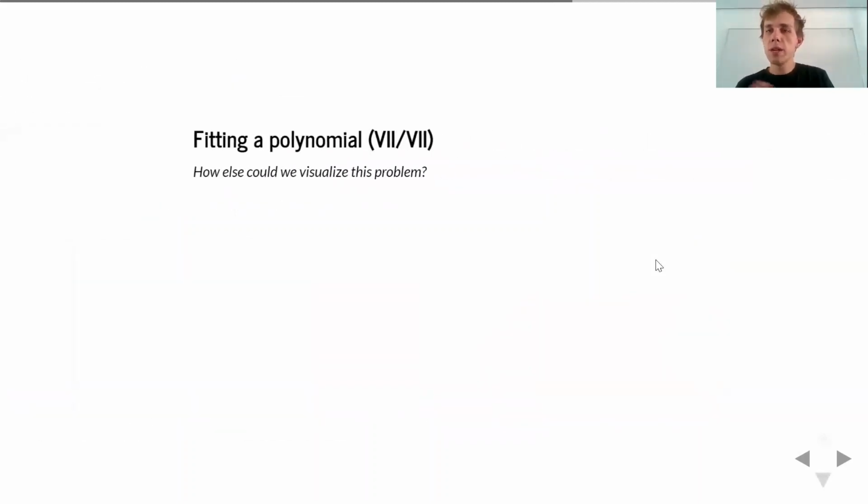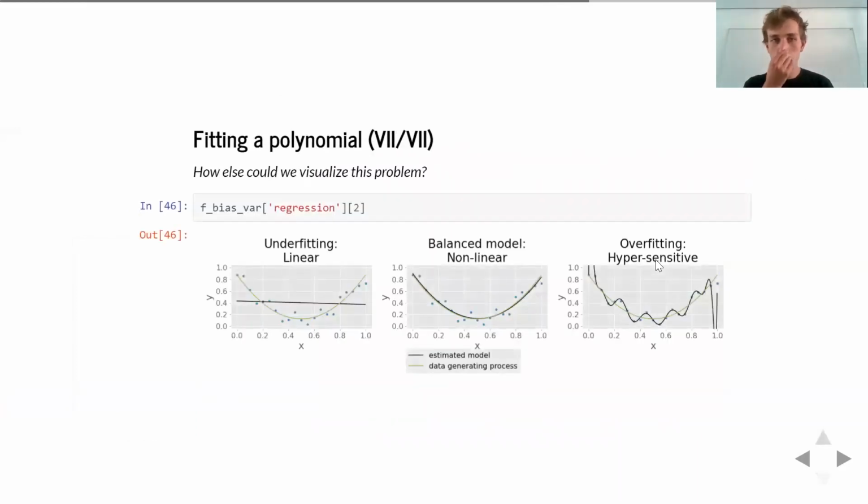Okay, and just quickly to visualize the ideas in this problem, we've already seen this before. So this is basically what's going on here. The green line here represents the data generating process, and the red line here represents an estimated model. And this is just another hypothetical example here.